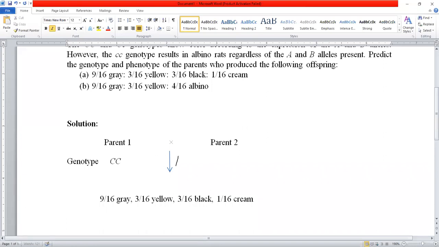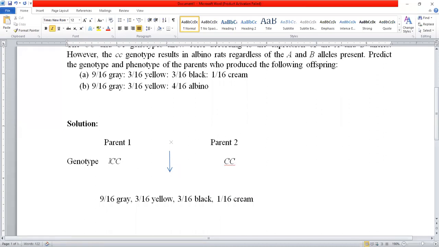Similar is the case with regard to the second parent. So we have determined this first step, that both parents have the genotype capital C, capital C with regard to the C gene. Now, as I have told before, the other two gene pairs are in heterozygous form; only then can this ratio be produced in the next generation.